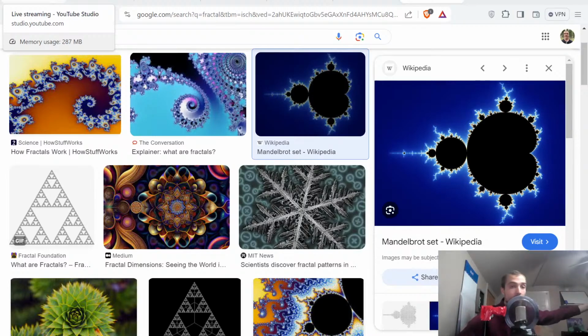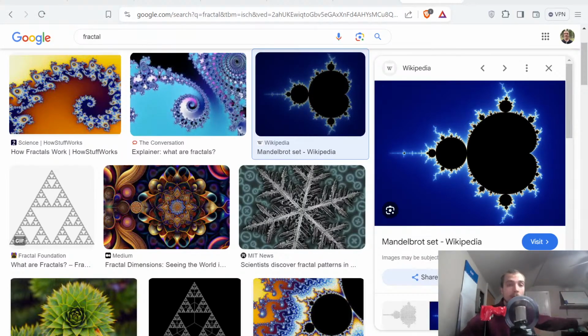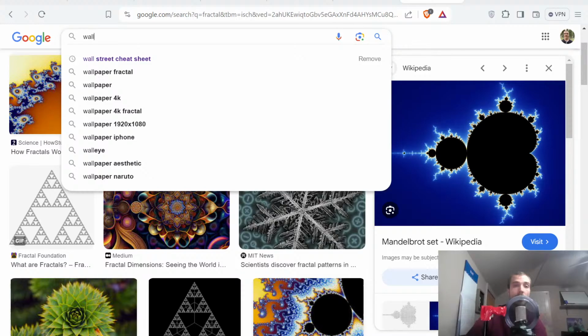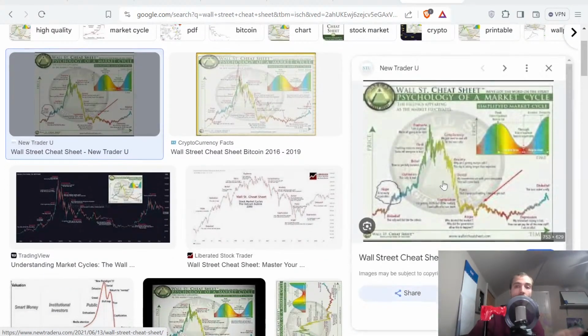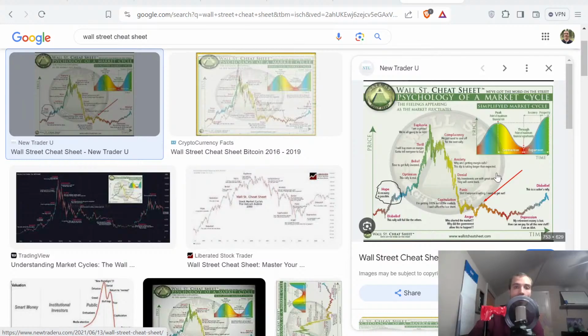And if you're caught up in your emotions, you're not probably trading other people's emotions. So you need to trade other people's emotions, and that's why we use the Wall Street cheat sheet, which is also a fractal of human psychology.